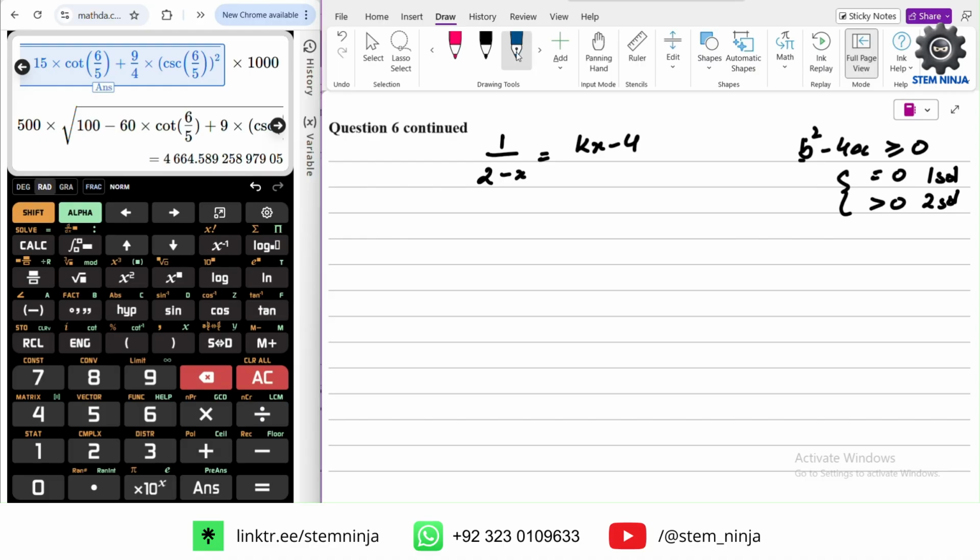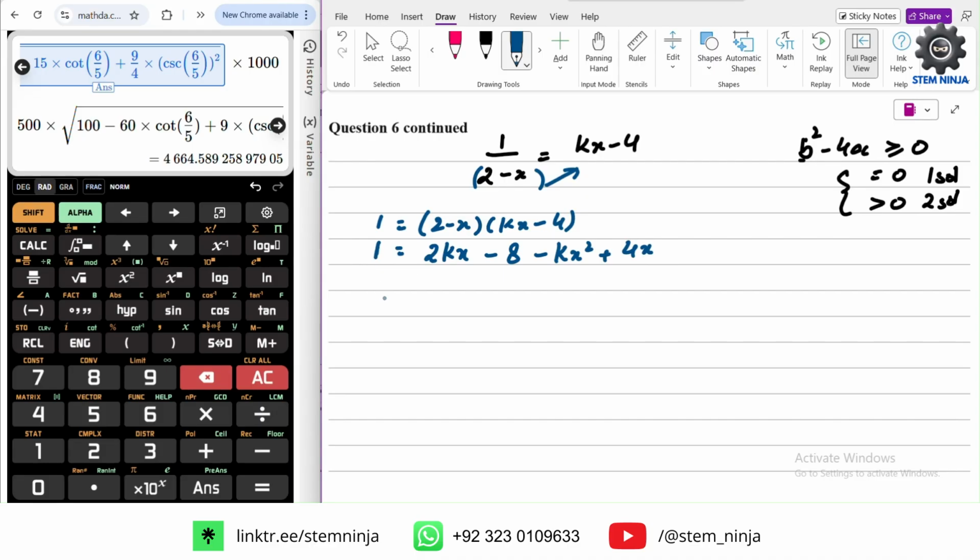So we cross multiply to expand and simplify. 2 minus x times kx minus 4 expands to 2kx minus 8 minus kx squared plus 4x equals 1.